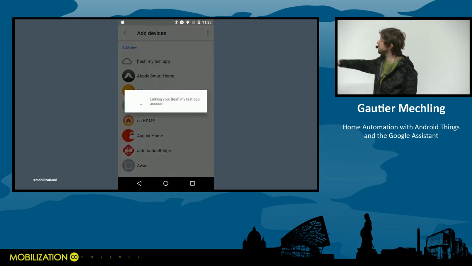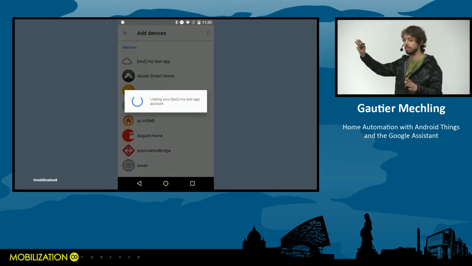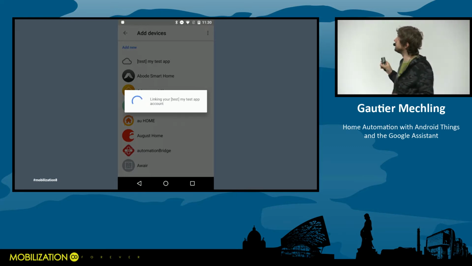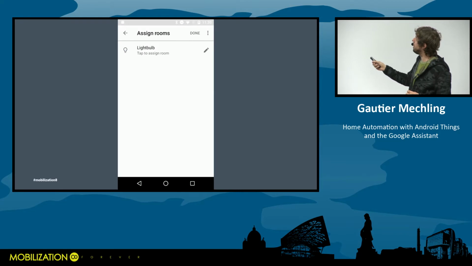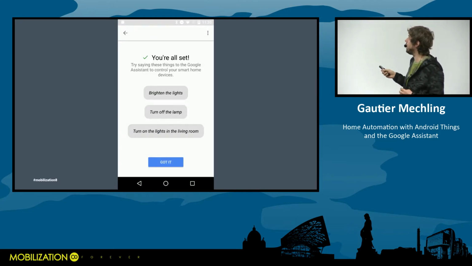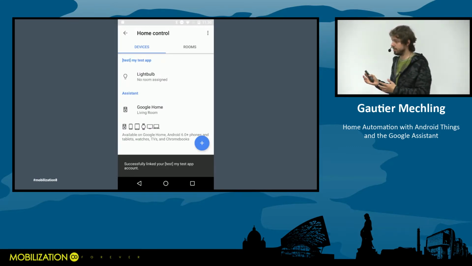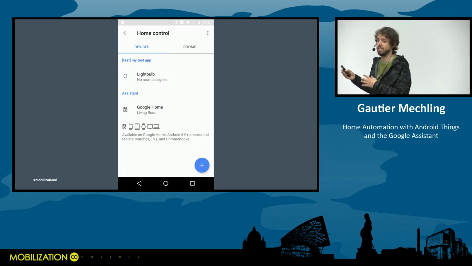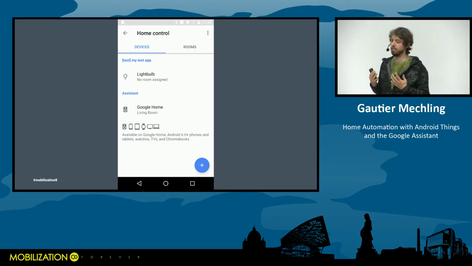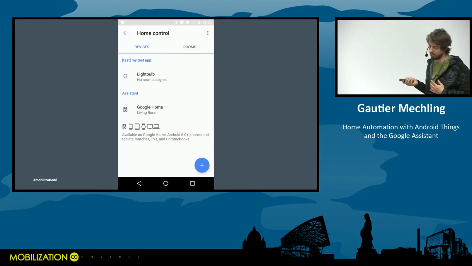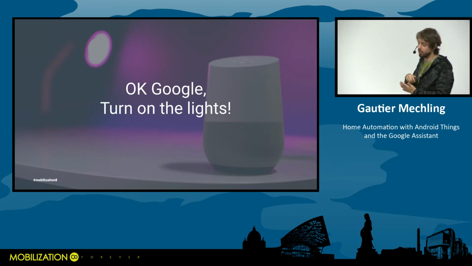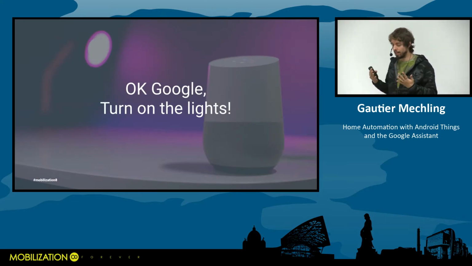Then it will query your Google Cloud Function with the sync intent to know which devices you have in your home. Your Google Cloud Function responds that you have a light bulb. Now you have integrated your smart light bulb, which is actually currently only your Google Cloud Function, to your Google Assistant device through the Home application. So now the Google Assistant is aware that you have a light bulb in your home.